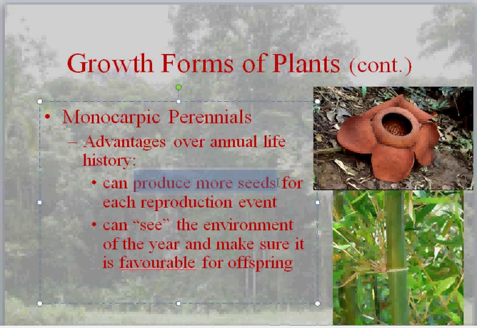They can also, and this is a bit contentious, sense the environment of the year and make sure that it is favorable for offspring. So there may be environmental cues like droughts or fires or a particular temperature fluctuation which can cue the plant to take advantage of abundant resources in the very near future.